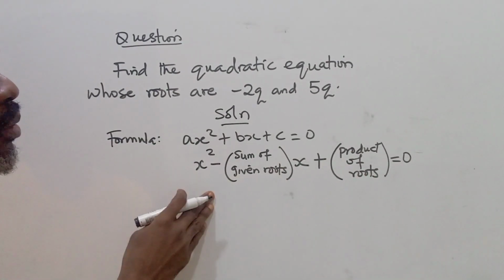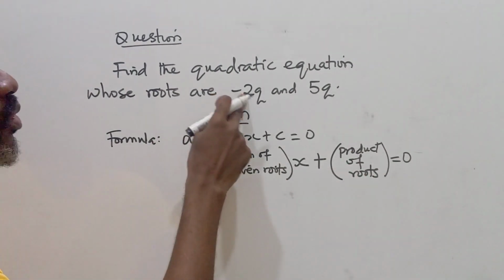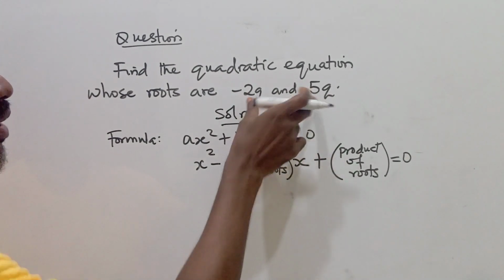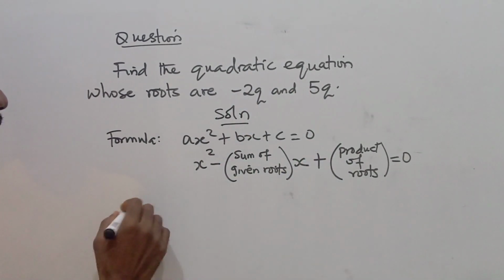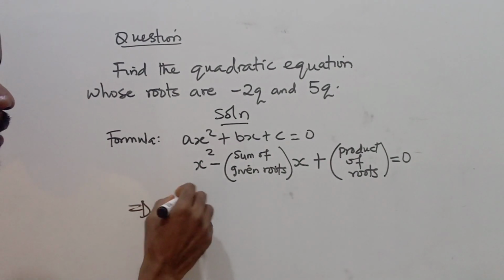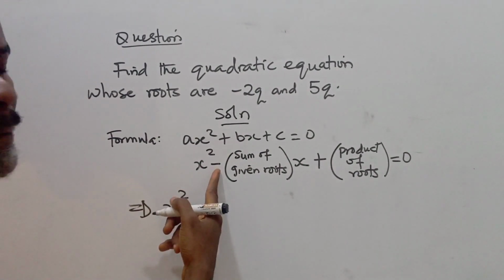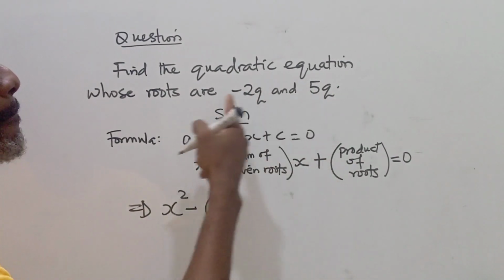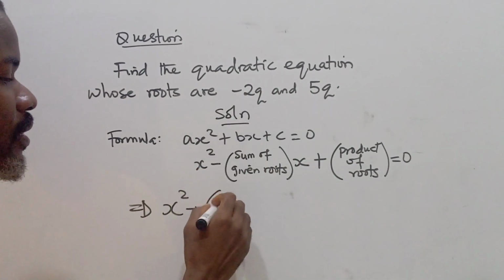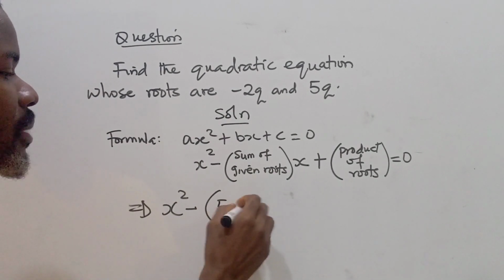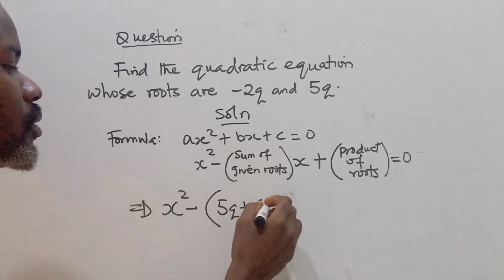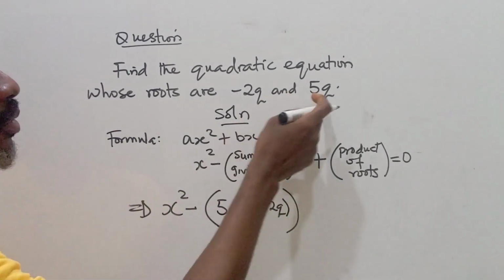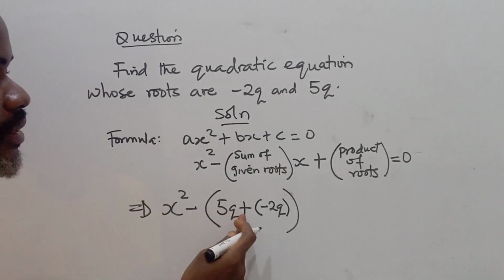So this is the method of formula. Now the roots we're given are minus 2q and 5q. So we are going to sum them. I have x squared minus, then 5q plus minus 2q, which is the sum of the roots.